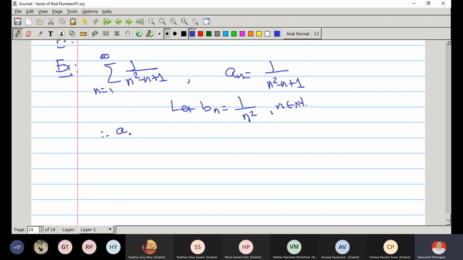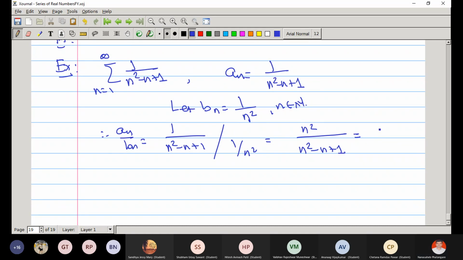Now, what is An by Bn? Let us calculate. An is 1 upon n square minus n plus 1, divided by 1 by n square, which is Bn. So this is n square upon n square minus n plus 1. Can we simplify this so that you can evaluate the limit?